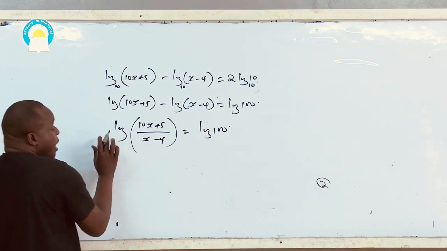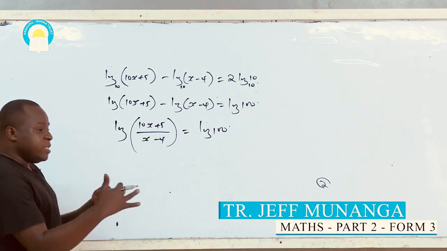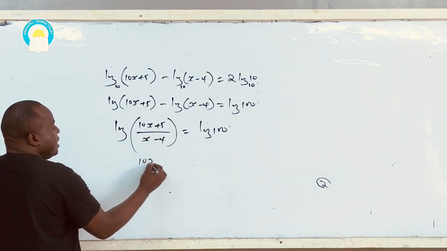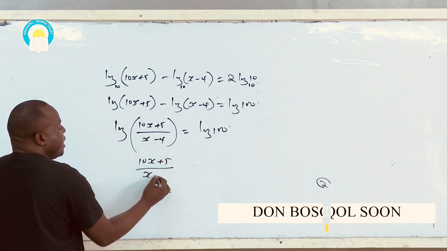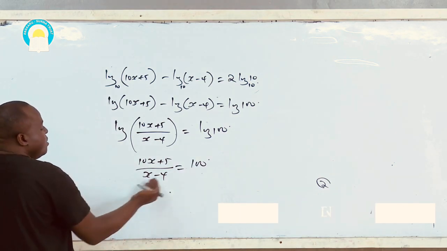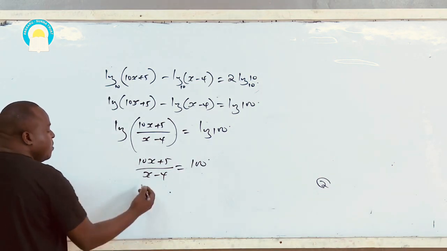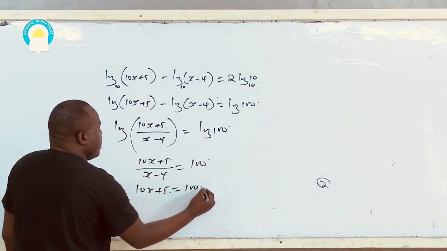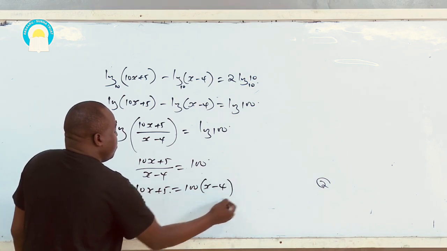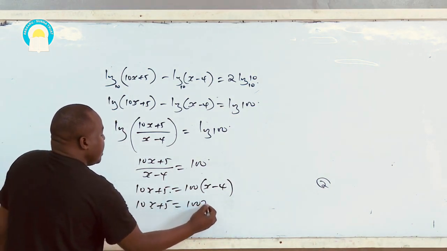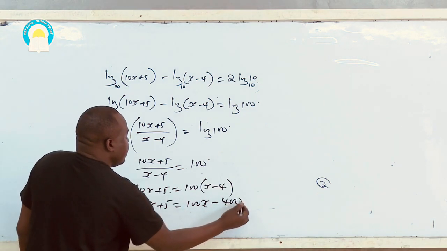Okay, next. Then I have a single log. Get rid of logs, work out the algebraic values, which would be (10x + 5)/(x - 4) equals 100. So next, multiply on both sides by x - 4: 10x + 5 equals 100 times (x - 4), which is 10x + 5 equals 100x - 400.